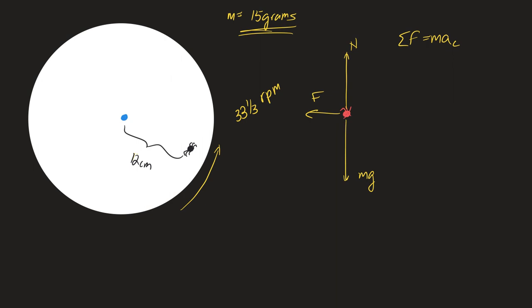If you know the object's traveling in a circle, then you know that we're talking about a centripetal acceleration, of which you will have two choices. You can replace the acceleration with v squared over r, or you can replace the acceleration with omega squared r. It doesn't matter which one you choose, but you should choose the one that matches what's been given in the problem.